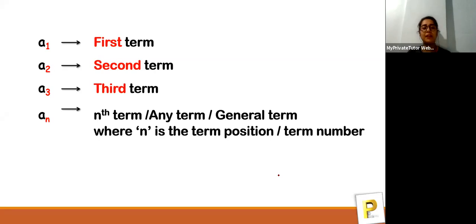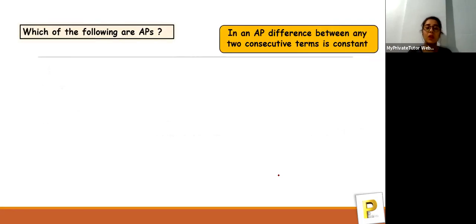I'll tell you what this means. An can be any number. Like if you put A7, it becomes the seventh term of that list. If you put 10 in place of n, A10 will be the 10th number of that list. Like that. So let's solve some questions regarding this, and then we'll move towards the second part.